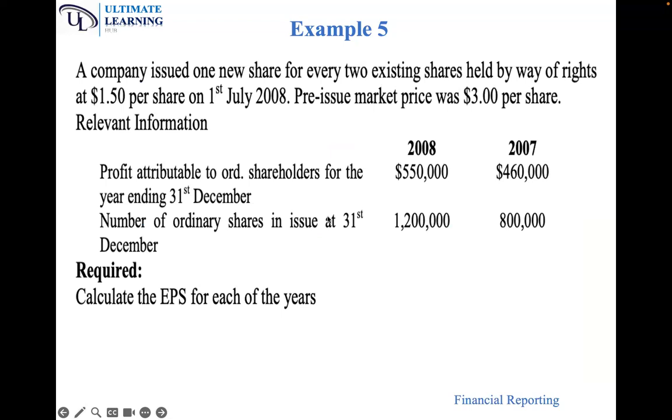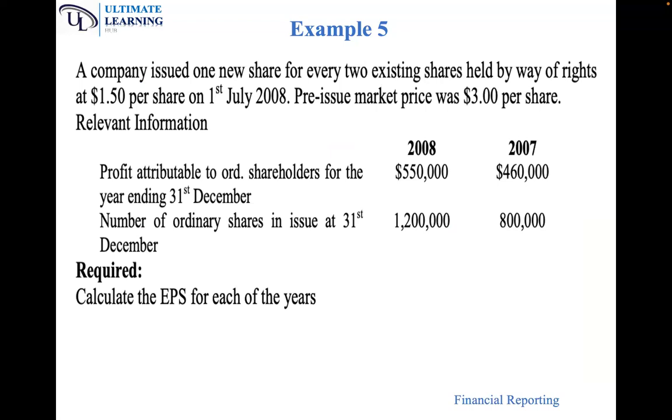So let's have our final example, which is on rights issue. A company issued 1 new share for every 2 existing shares held by way of a rights at $1.50 per share on 1st July 2008. Pre-issue market price was $3 per share.